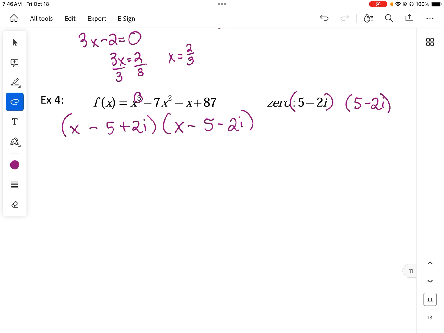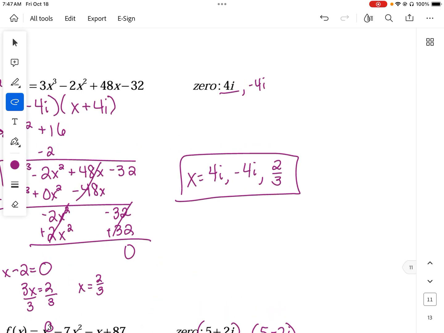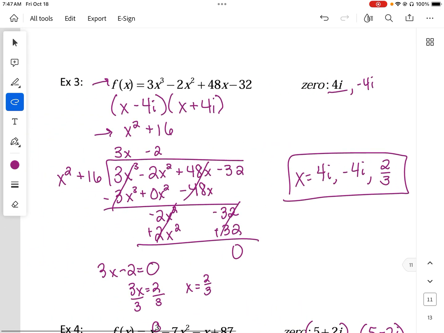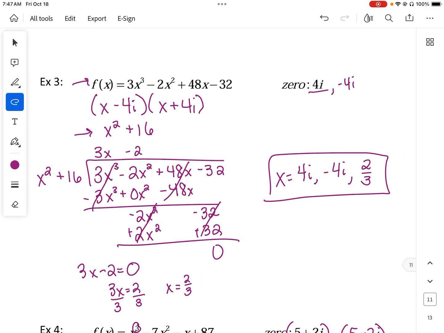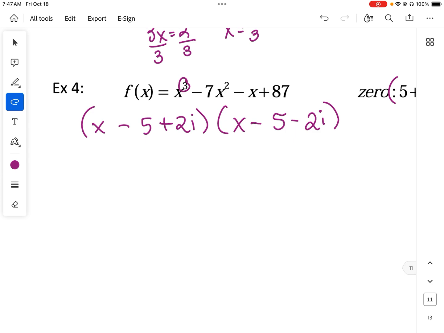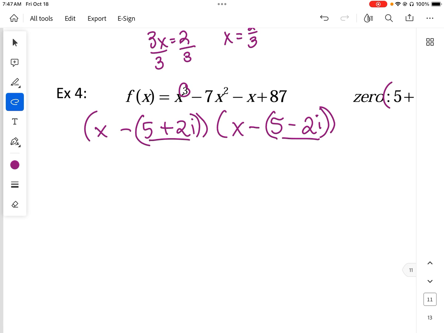And the reason is, whenever I had the 4i, I had to get the conjugate, but then I put x minus the opposite of it, and then x plus the opposite of it. Okay, so it's like this, because they should both be x minus the zero, right?